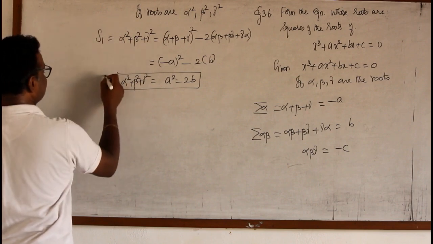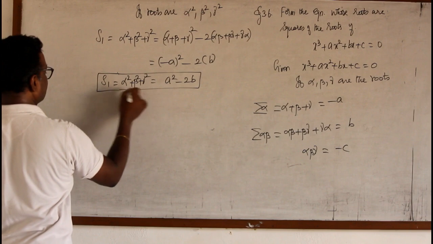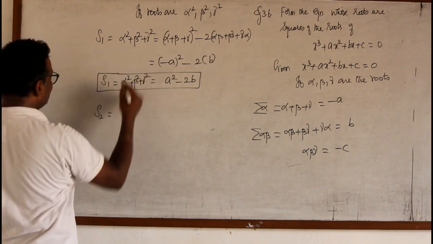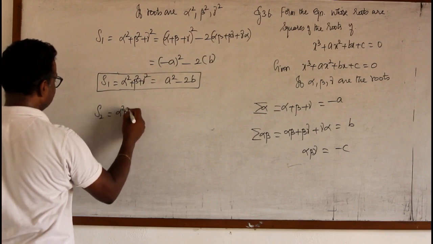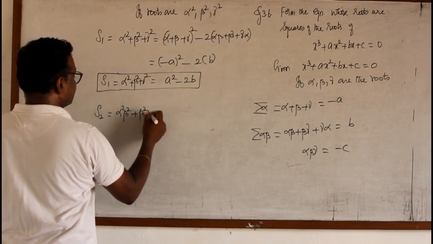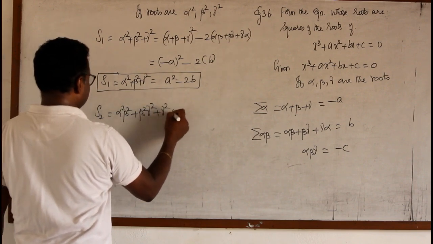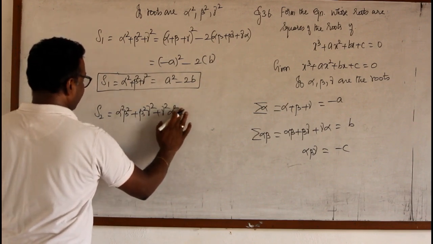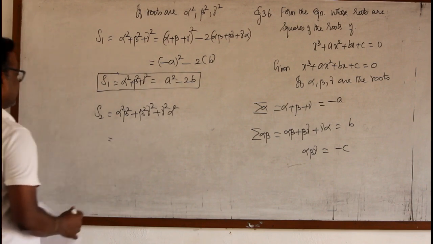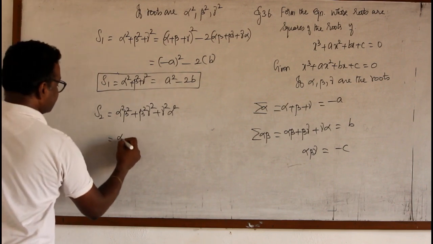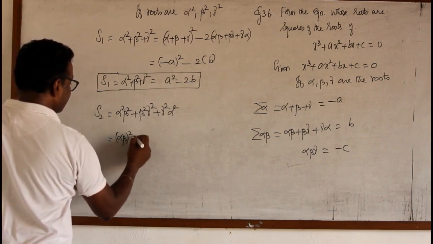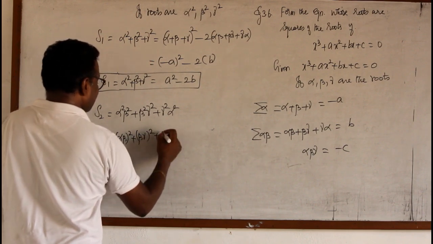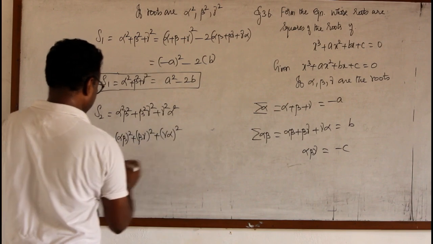So S1 equals a square minus 2b. Now S2 is the sum of the products of two elements, that is alpha square beta square, beta square gamma square, gamma square alpha square. Now this can be written as alpha beta the whole square, beta gamma the whole square, gamma alpha the whole square.